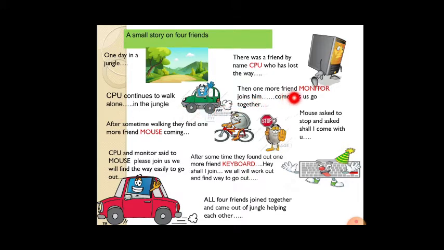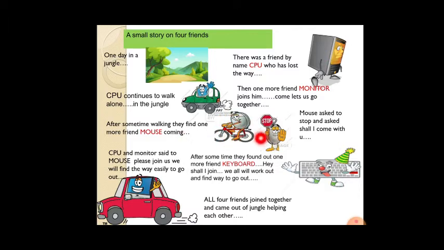Then one more friend by name Monitor, M-O-N-I-T-O-R, joins him. Come, let us go together. Then after some time walking, they find one more friend called Mouse. They see the mouse coming on a bicycle.